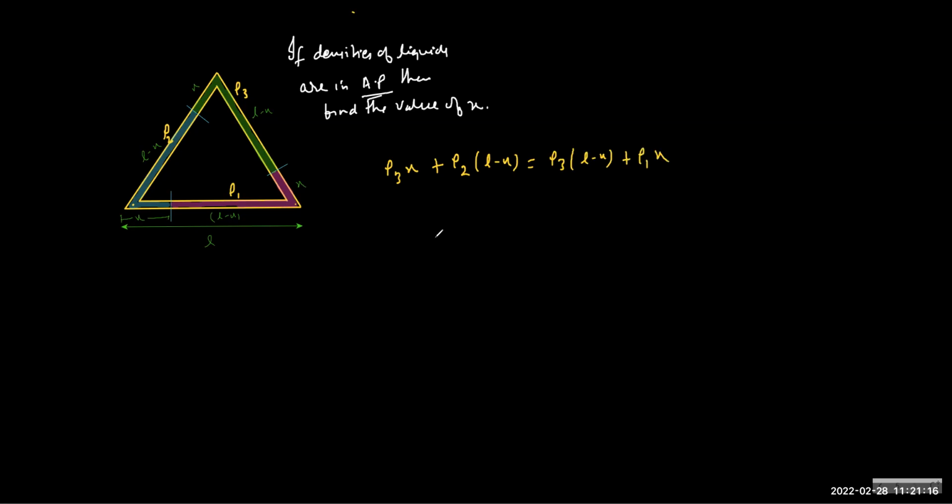Sir, but why did we assume that rho 1 will be the heaviest? It is at the bottom. So the denser liquid will be at the bottom, isn't it? Imagine rho 1 is on the top side. It will always push back, and eventually the only equilibrium case will be when the densest liquid is at the bottom.